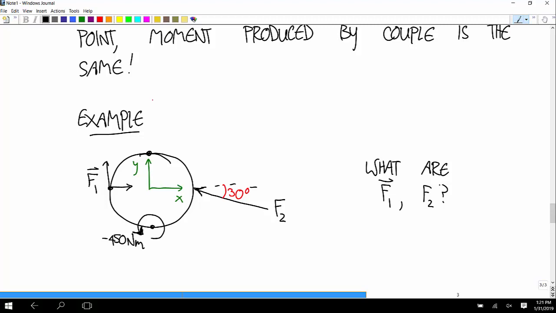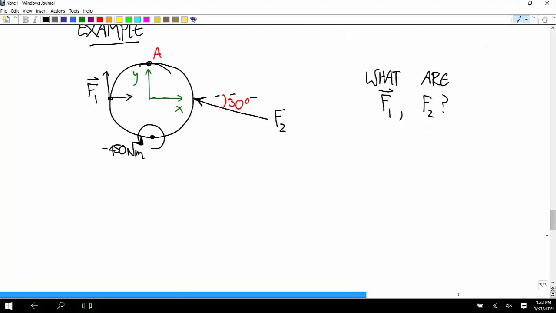Okay, so to do the problem, let's choose the about point here. And I'm going to write out rho, force, moment.